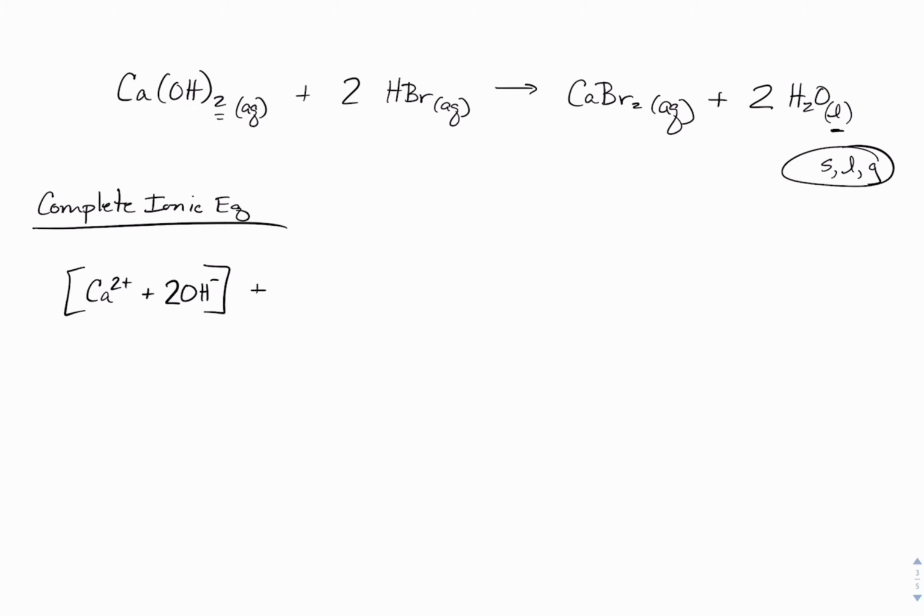And then we're going to take HBr. We'll separate those into H plus and Br minus. And remember, you have 2 of them from the coefficient in front of the substance, so we'll put a 2 and a 2, and we'll bracket.